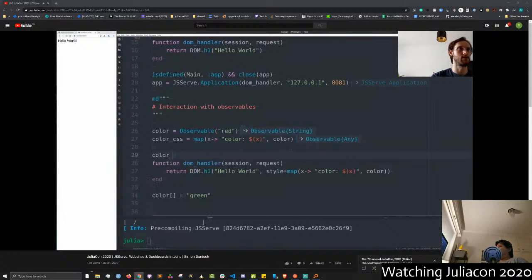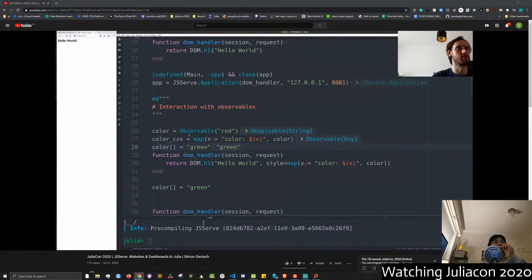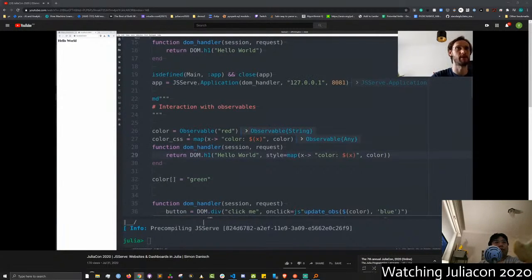You can set a new value here, green for example, and then if you look at this here, you see that it's this new string. And you can register callbacks with this, so they will get called whenever this value changes. Now this is the main abstraction here, and we can use it everywhere in our DOM. So if I reload this with the new observable, we see that it's green, and then we can set it back to red pretty easily.